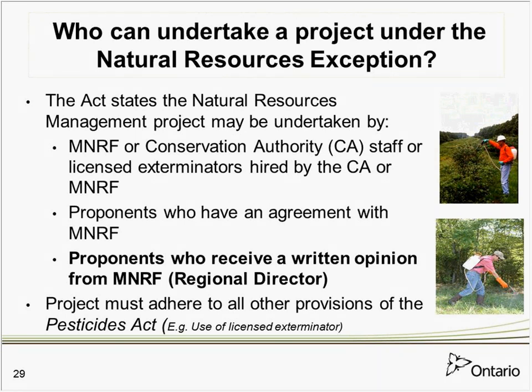It can also apply to proponents who have an agreement with MNR, or to people who have received a written opinion from MNR, from a regional director, that indicates that, as part of their review of your project, they agree that this project meets the criteria of the natural resources exception. And of course, also adhere to any other provisions of the Act.